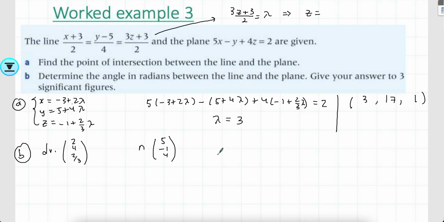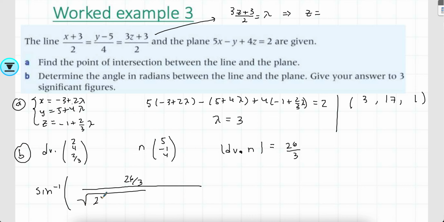And we follow the same thing, except that we need sine inverse of our formula. So I'm just going to do the direction vector with the normal, and that's going to give me 26 over 3 in the numerator. Denominator will be as follows.